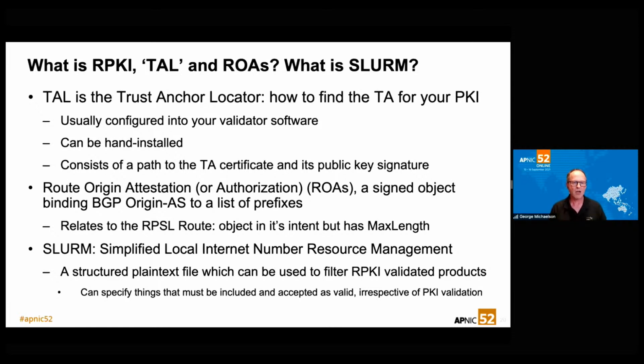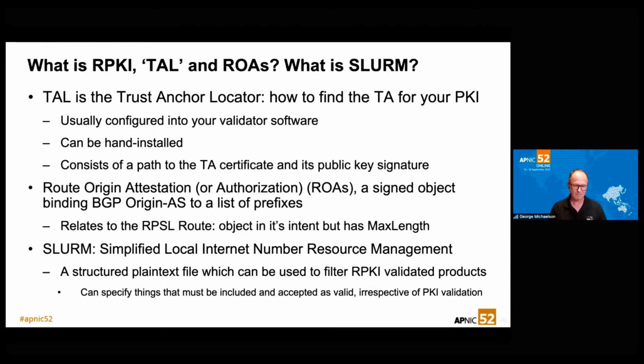So we rely on the TAL file to say, here is the signature of a public key, and you need to check this against a TA and its pointer to that TA. And we ask all coders of systems which do checking in RPKI, they're called the relying party software developers or validator developers, to either include the TAL in their configuration or to help you install the TAL into the configuration that you want to run.